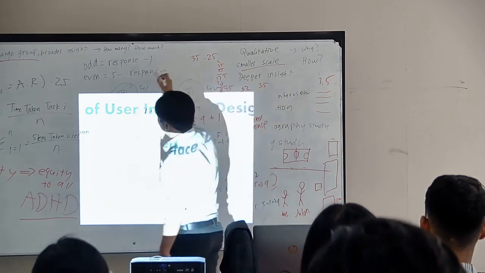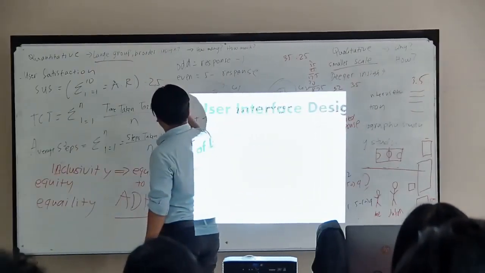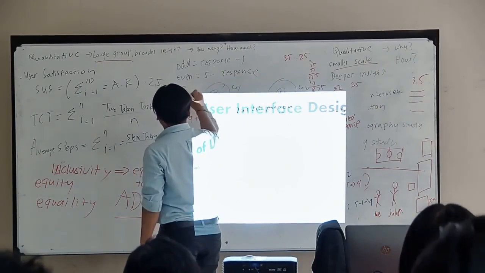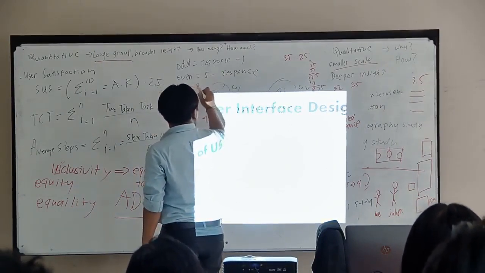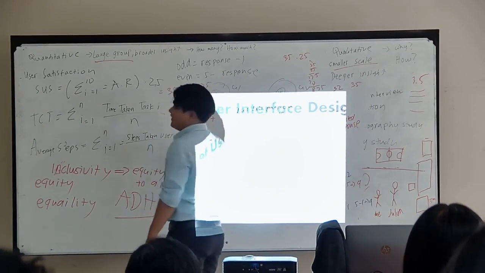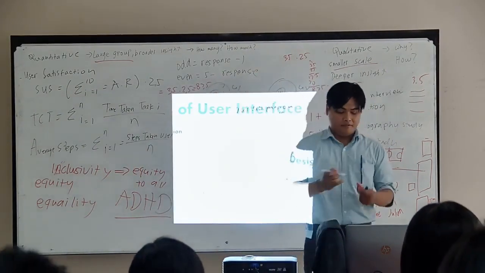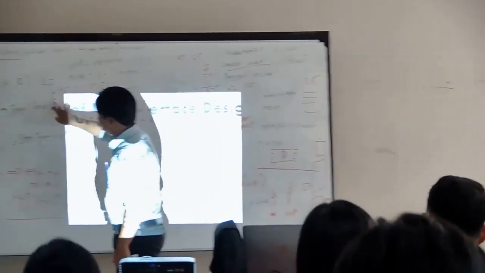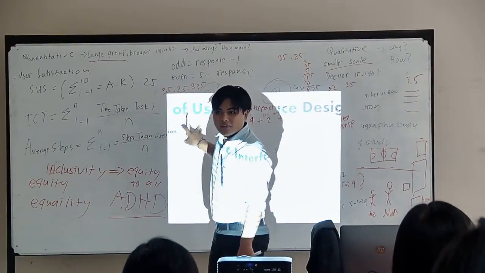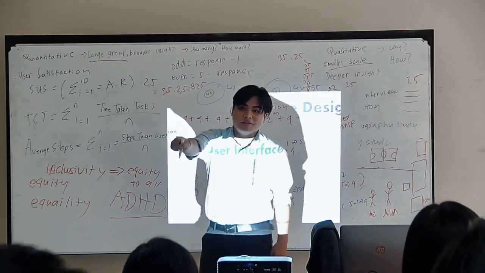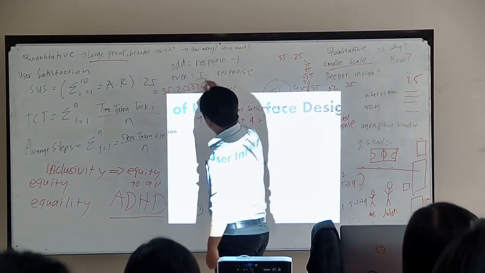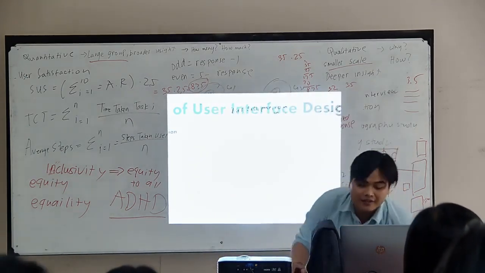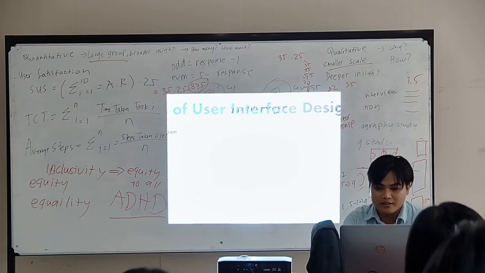So the score is 35 times 2.5. Okay, so we get the score. So the user satisfaction of the Instagram app from the panda is 87.5. What is the meaning of 87.5? Let's see the interpretation.